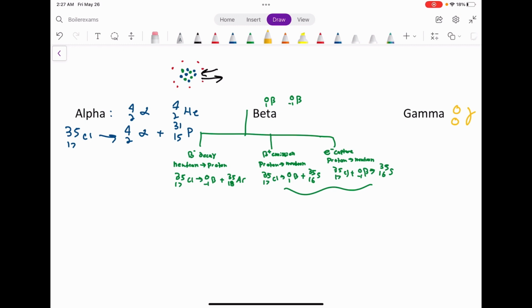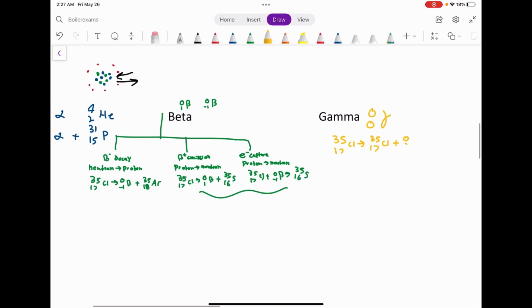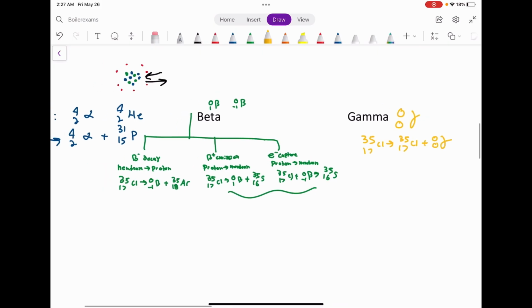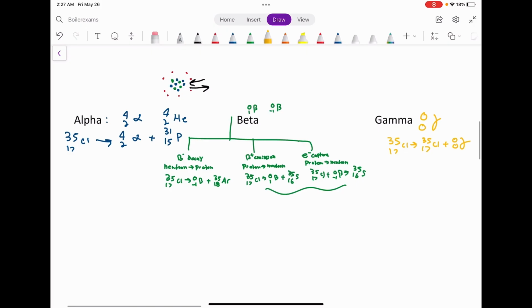So, for example, if I have chlorine-35, I'm going to have chlorine-35 after. But I could have emitted a gamma particle. That one doesn't change our nucleus at all. Okay, so those are the types of particles we can emit and some of the ways we emit them.